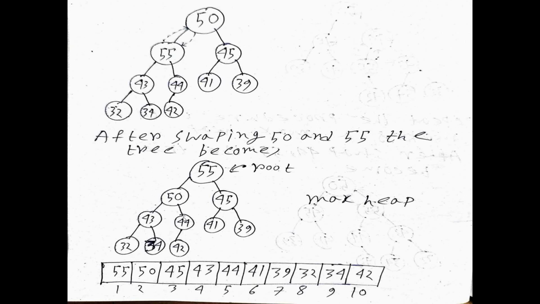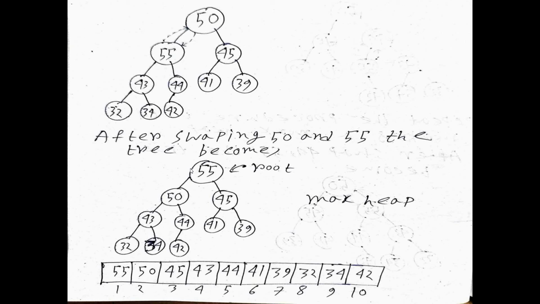In the same way, 43 and 44 are lesser than 50, 45 is greater than 41 and 39, 43 is greater than 32 and 34, and 44 is greater than 42. 55 is the largest element, which is on the root. Yes, this is a max heap.